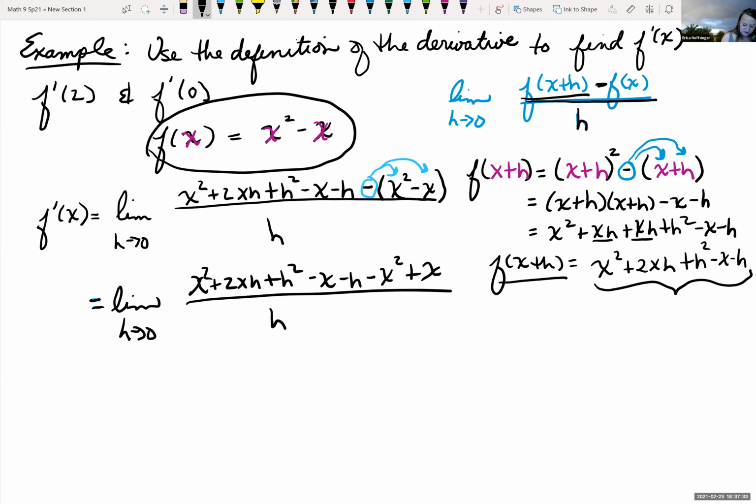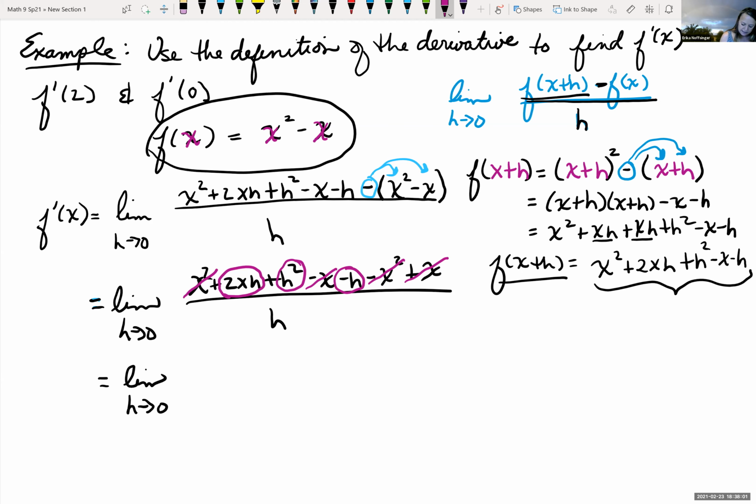So notice that all of our terms that don't have an h are going to cancel out here. So we have an x squared minus an x squared cancels. We have a negative x plus an x cancels. So the three terms that we're left with in the numerator is positive 2xh plus h squared minus h.